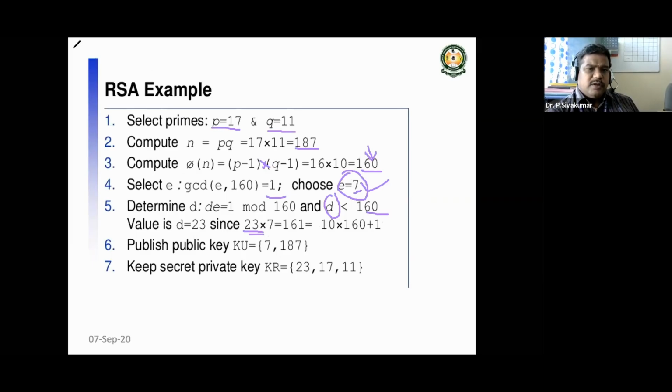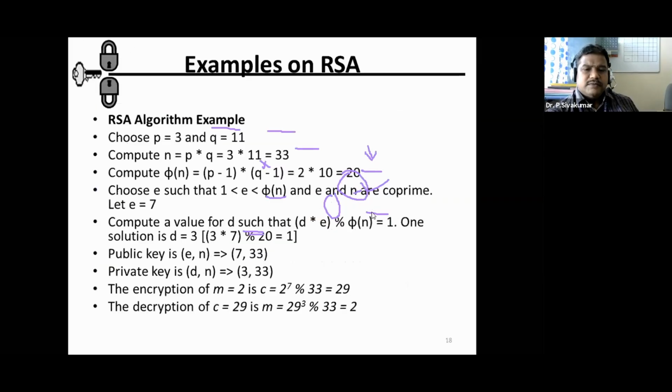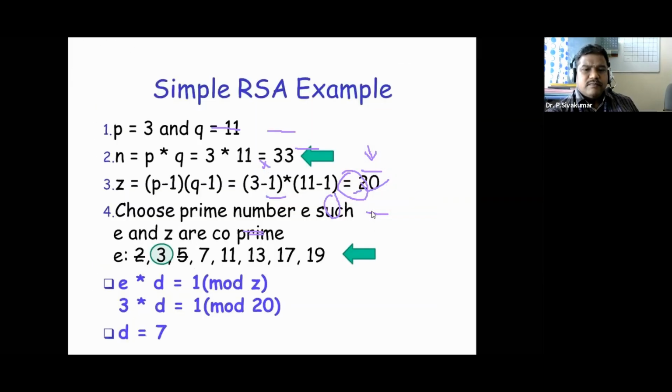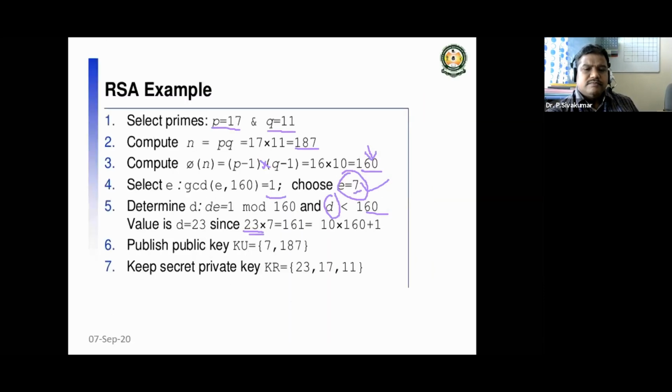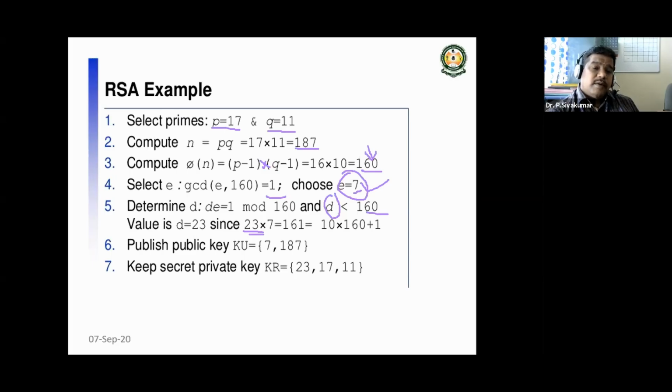How to get the 23? Any idea? So D is equal to E inverse mod 160. This is a simple value, so mathematically we can do it. But with very large values, it is very difficult to determine your D value.